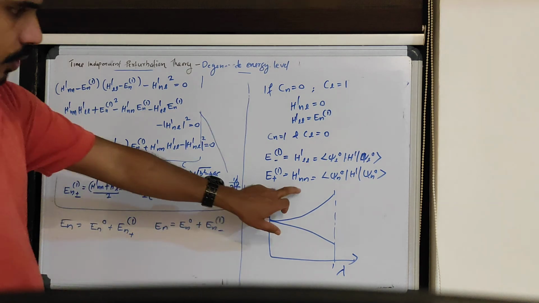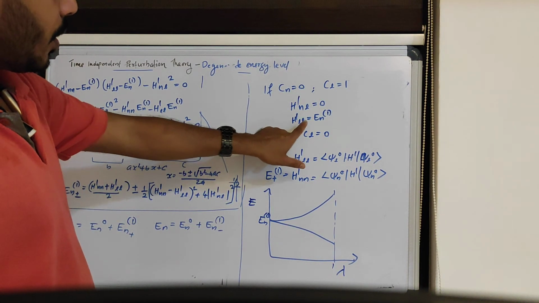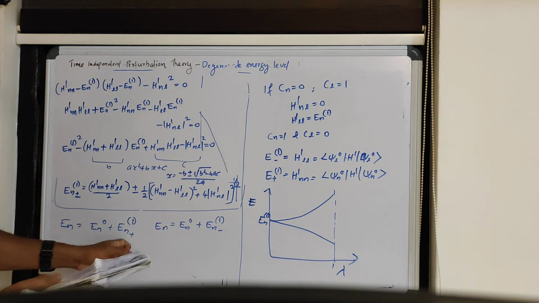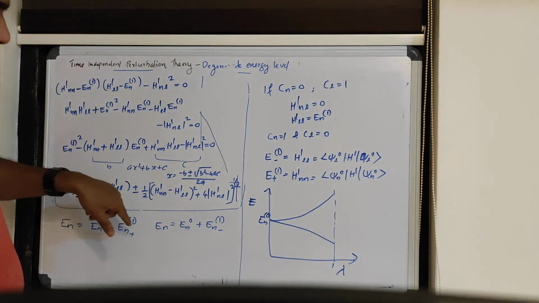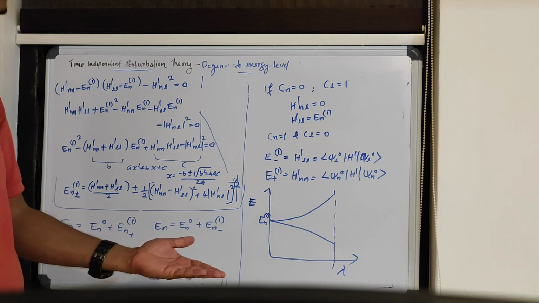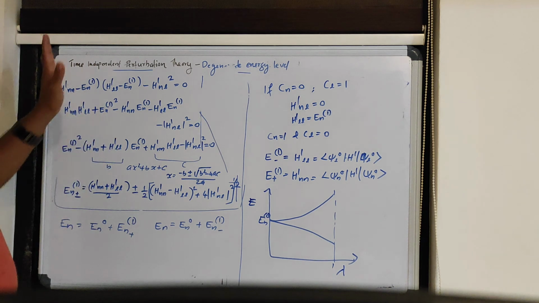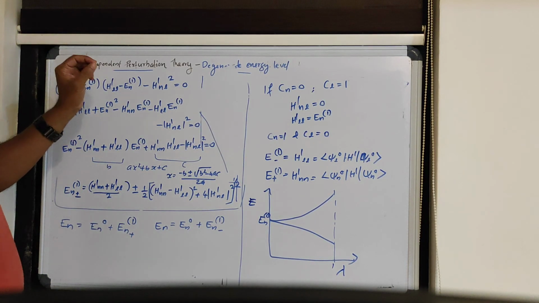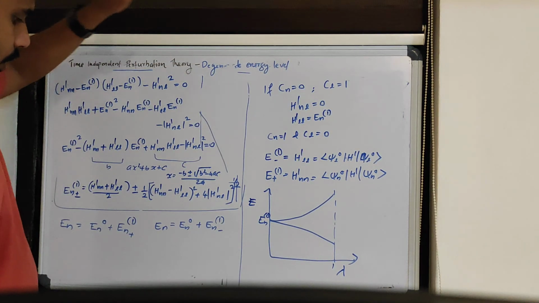In that case, if H prime NN is equal to H prime LL and H prime NL is equal to 0, En plus should be equal to En minus. So in that case, what happened? In the first order the degeneracy is not removed, we need to look at the second order. This is a general formulation for time-independent perturbation theory for the degenerate case.